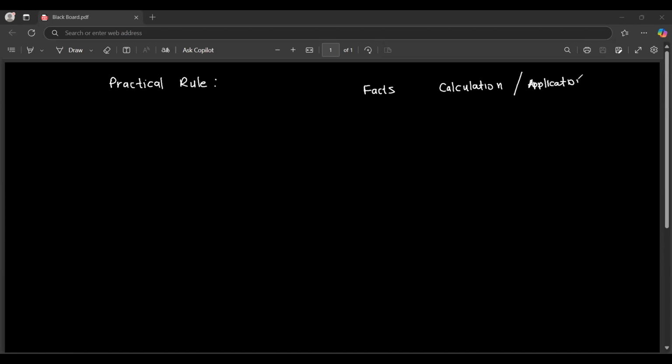If you want to apply or calculate everything properly, you should be clear with the facts. I know this is the boring part, and obviously no one wants to learn facts; we want the calculation part. But if you don't finish the boring part, the interesting part will become tedious. So always keep in mind that you need the facts to apply in the future.